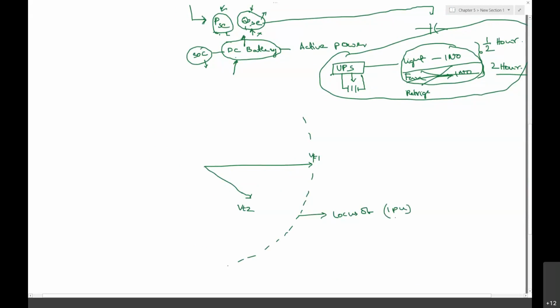With respect to the VT2 voltage, this is a sag voltage. To attain the locus of 1 per unit, there are different possibilities. We can attain this value, or we can attain it by this method also.